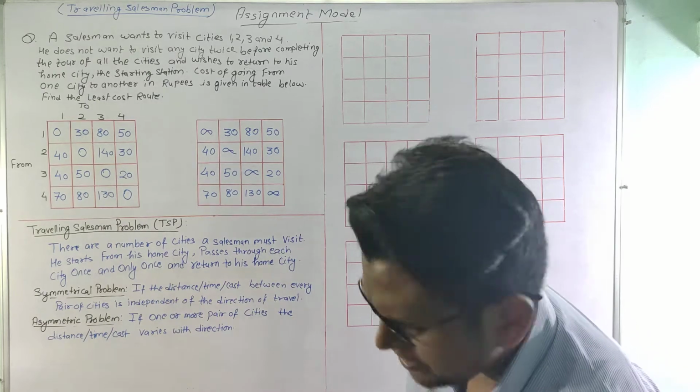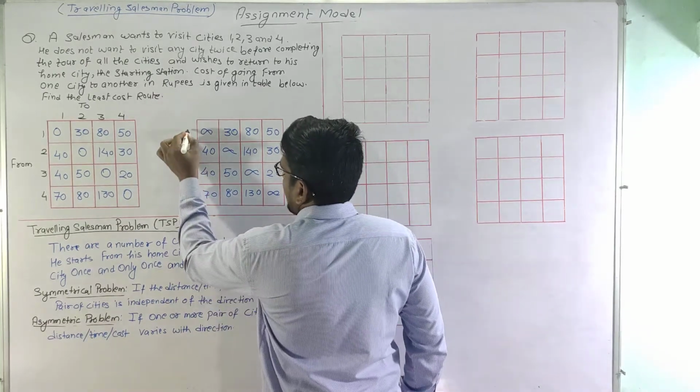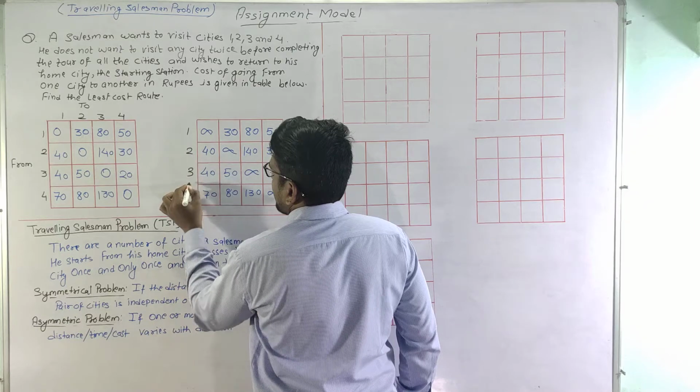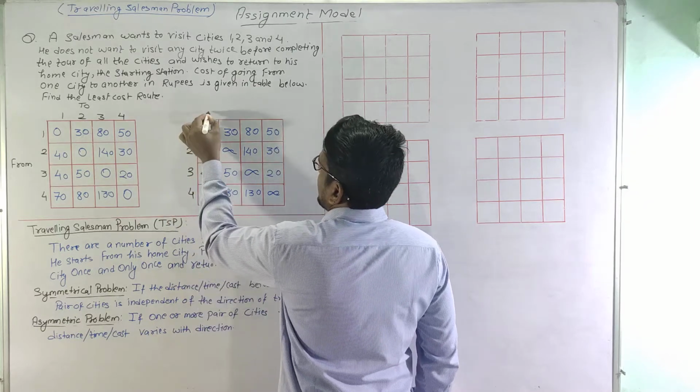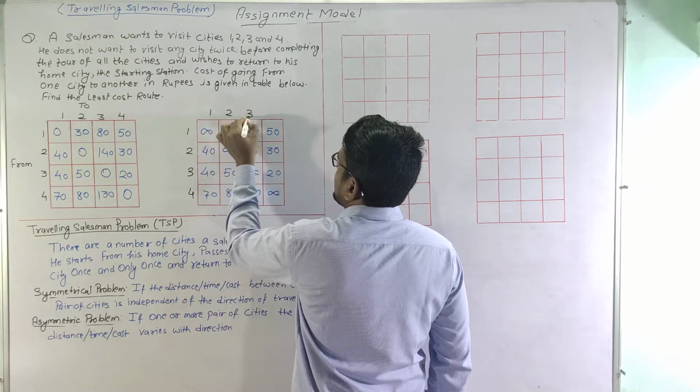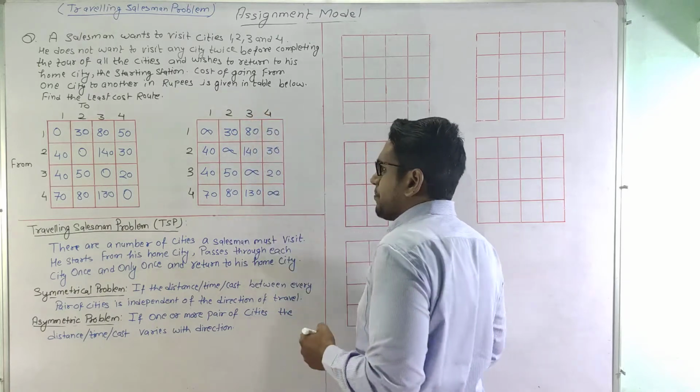In this matrix, these are the cities 1, 2, 3, 4 from which it is traveling to the cities 1, 2, 3 and 4.